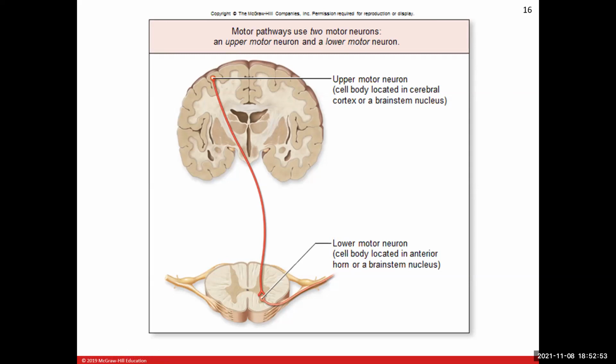So it's going to descend through the internal capsule here, this white matter, down through the brainstem, all the way into the spinal cord, where it's going to synapse onto the lower motor neuron in the anterior gray horn. And then that lower motor neuron will exit out of the spinal cord through the anterior root into the spinal nerve and then off to the skeletal muscle somewhere.